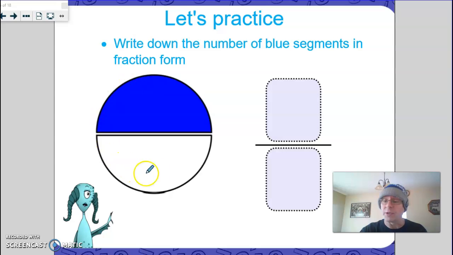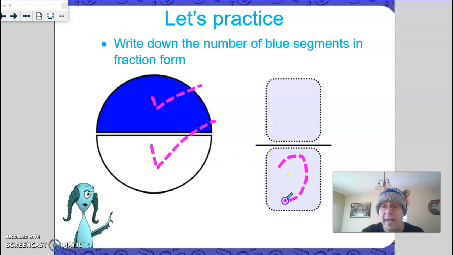So the circle altogether is a whole circle, right? We've got a piece here and a piece here. It takes two of those pieces to make the whole thing. But if we look at how many pieces we've got colored in, we've only got one of those pieces colored in. Does that make sense to you?